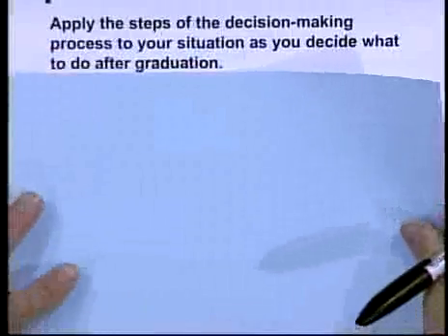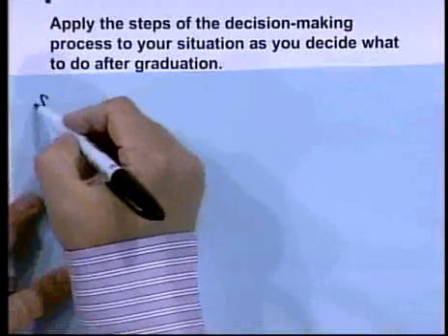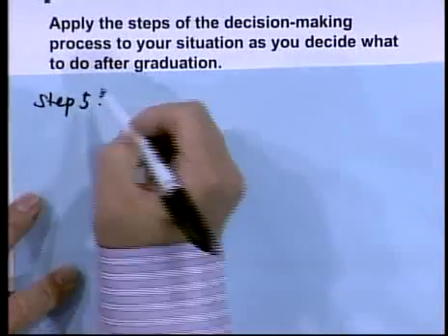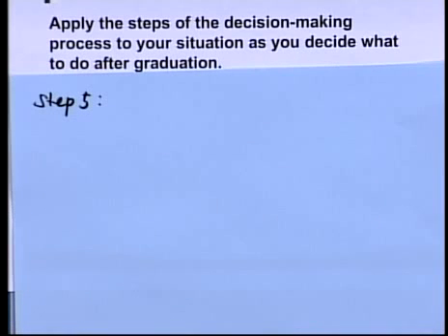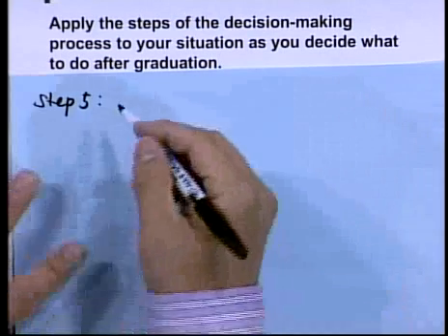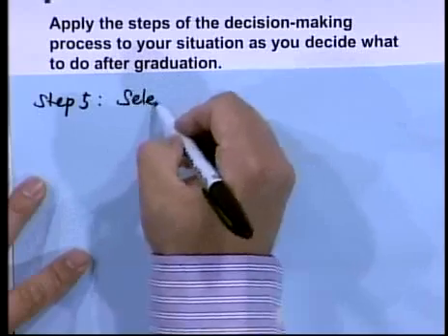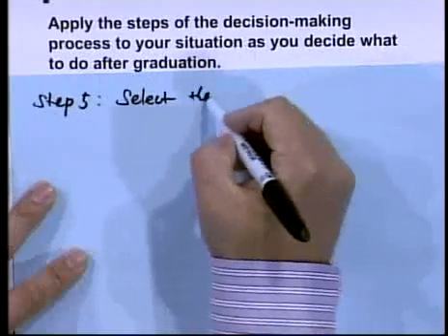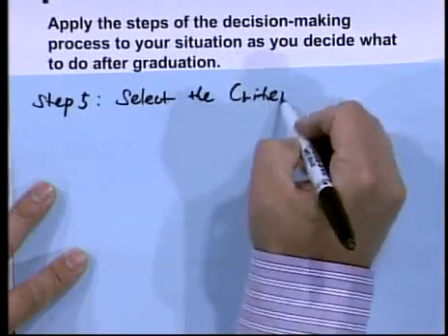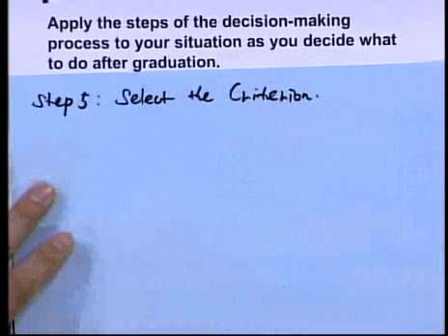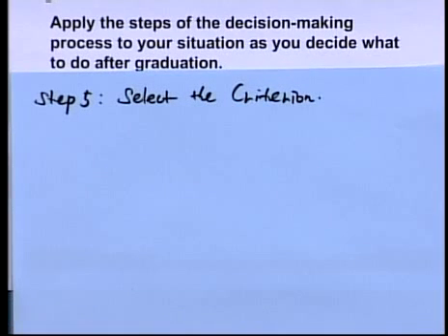And then we're going to move into step number 5. Step number 5 is selecting the criterion, right? So selecting the criteria to determine the best alternatives.